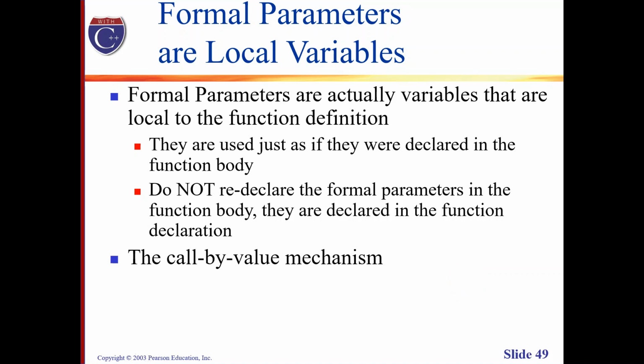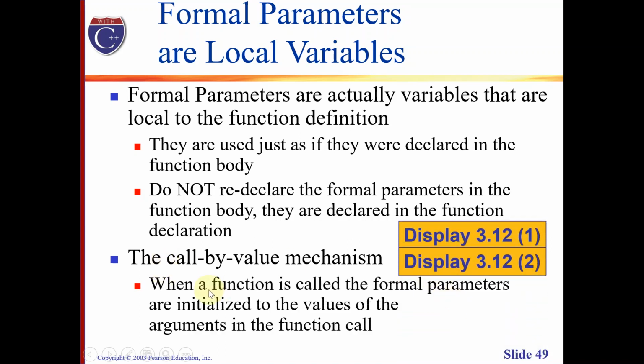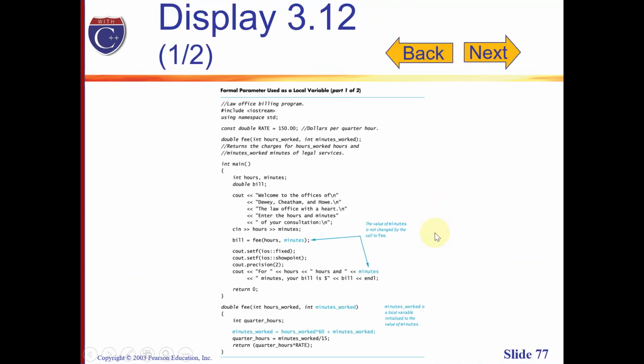And we also have the concept of call by value, which means when a function is called, the formal parameters are initialized to the values of the arguments in the function call, such as this one.